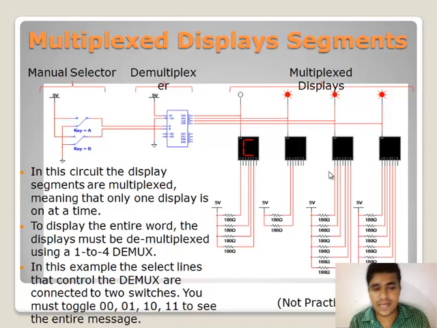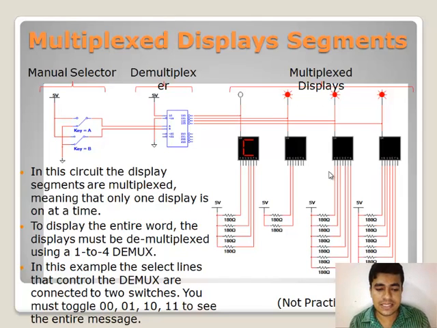In this circuit, the display segments are multiplexed, meaning that only one display is on at a time. In the last system all displays were on simultaneously, but here only one display is on at a time. To display the entire word, the displays must be demultiplexed using a 1:4 demux, because there are 4 7 segment displays.